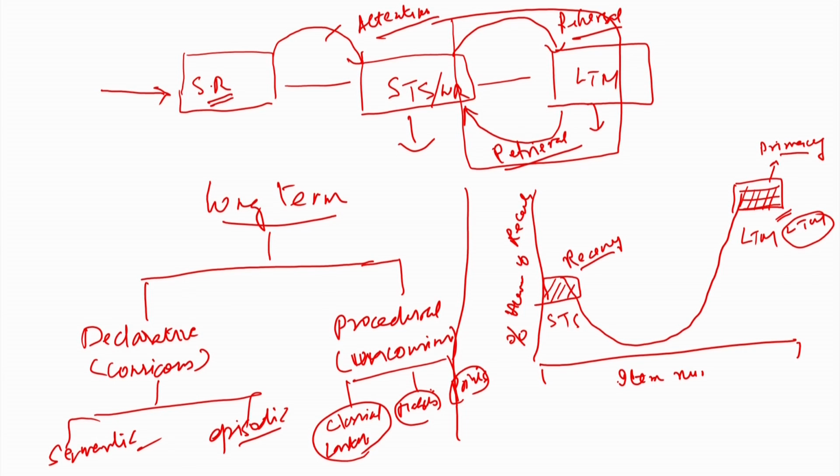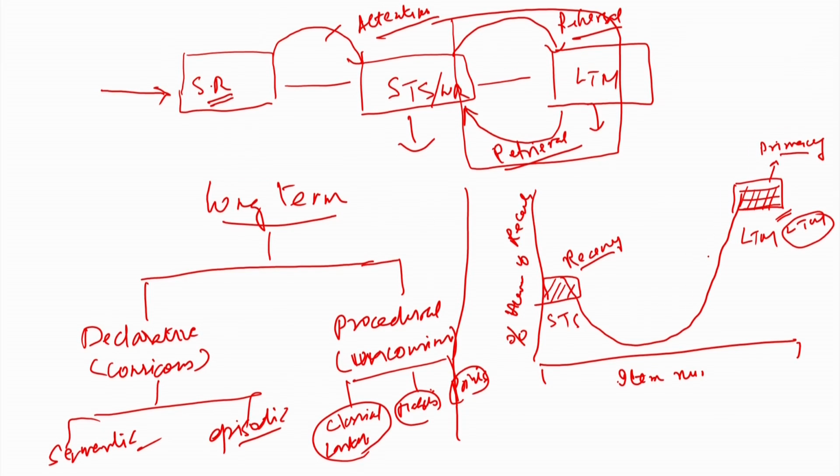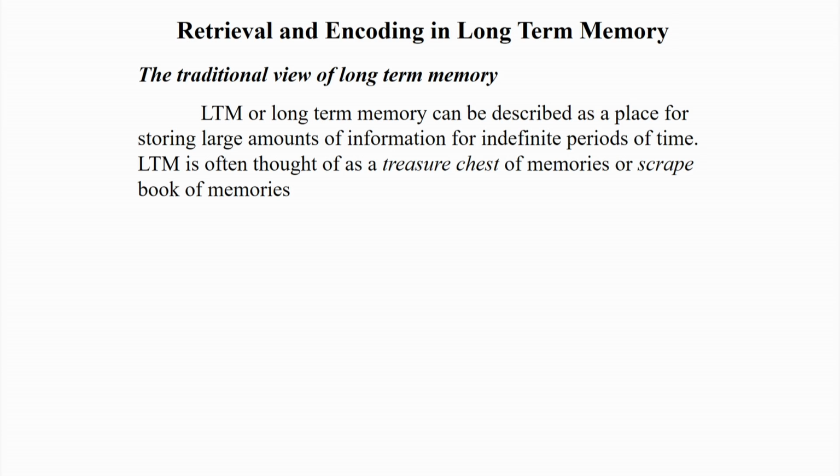What we have done up till now is we have established that there is something called long term memory, and that this long term memory has some kind of setup, which we will look into in the upcoming lectures. In this particular lecture we will look into the retrieval and encoding of long term memory.